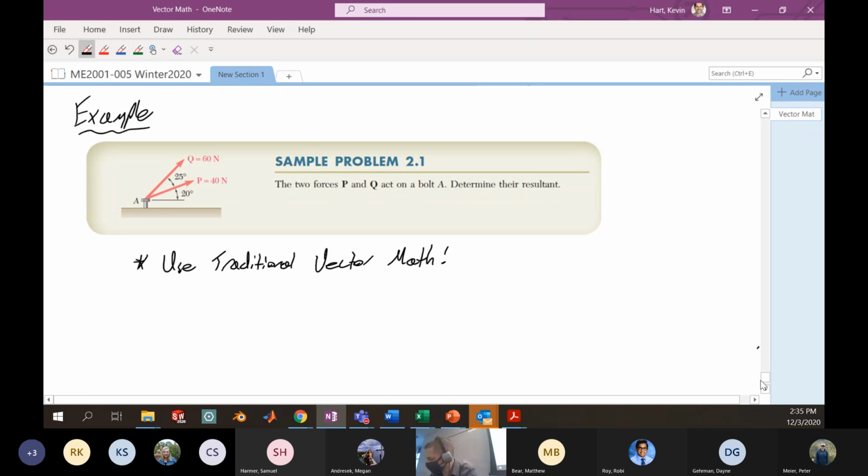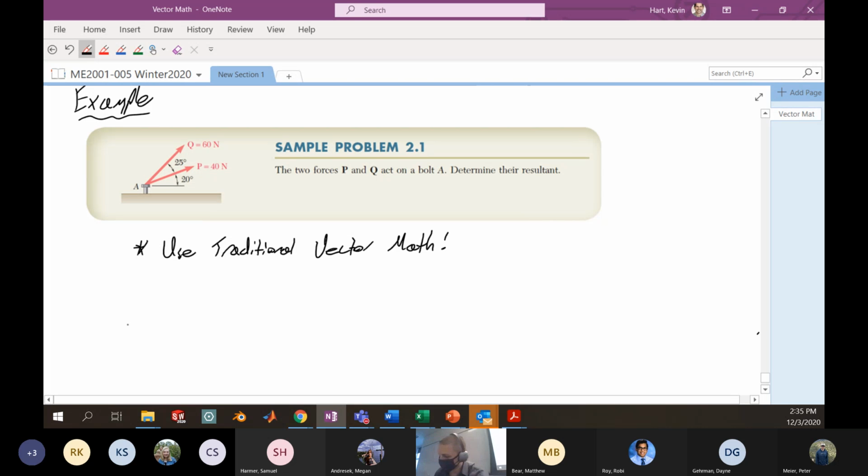All right. So let's tackle vector q first. It's going to be comprised of its magnitude in the x component in the i hat direction plus the magnitude in the y direction in j hat.